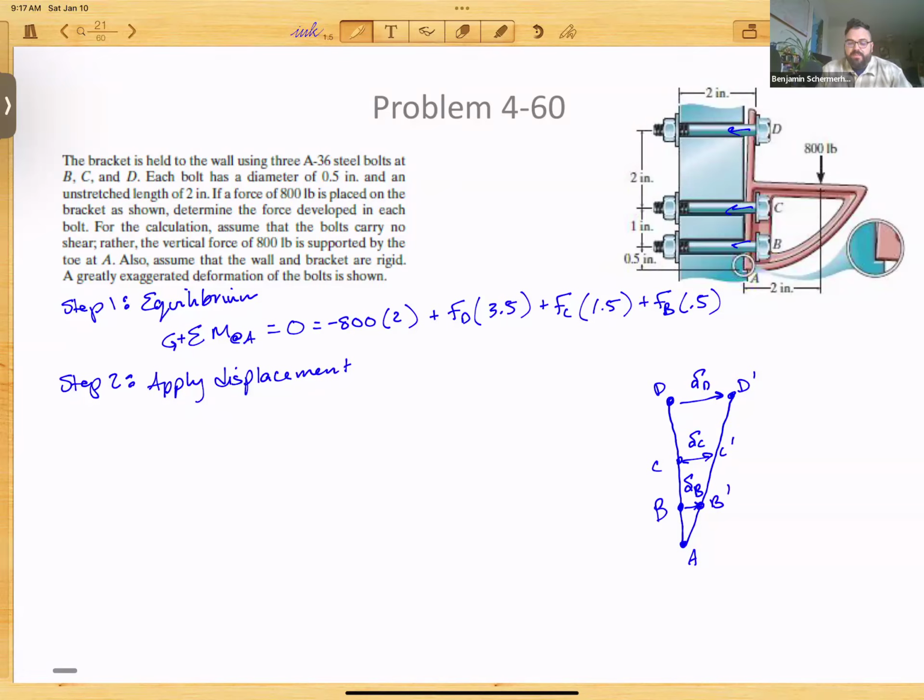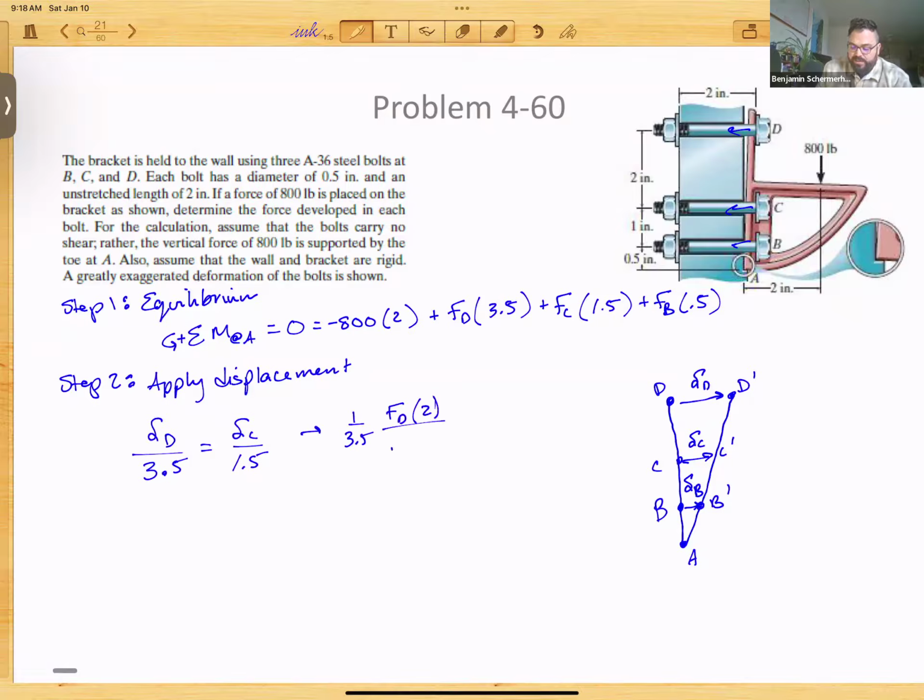So you can see what we're going to be doing here. We're going to be looking at the ratios for these triangles. We need to compare at least two of these, which is completely doable. So let's take a look at D and C and D and B. Those are going to be our two different equations. So the displacement of D over 3.5 is going to be the displacement of C over 1.5, which gives us 1 over 3.5 of the force in D times 2 inches, my original length.